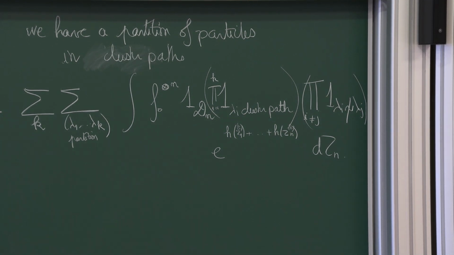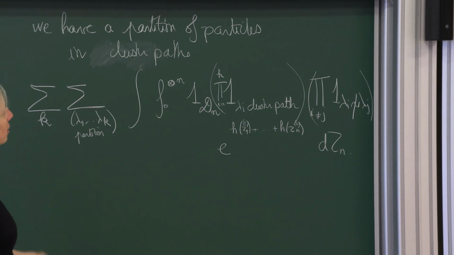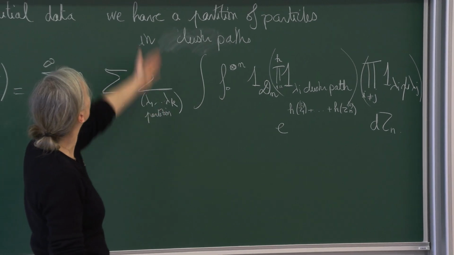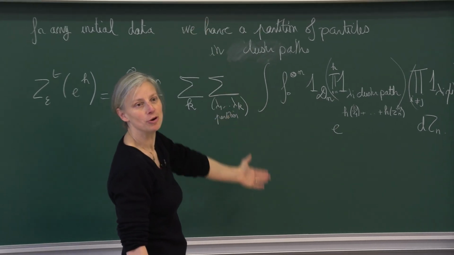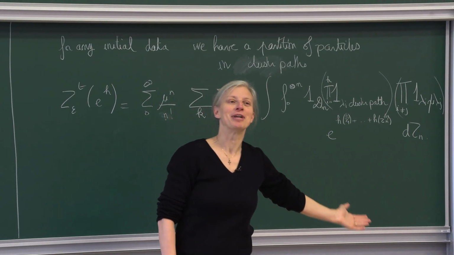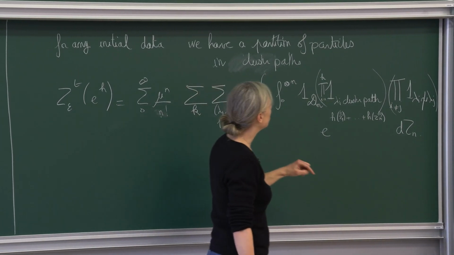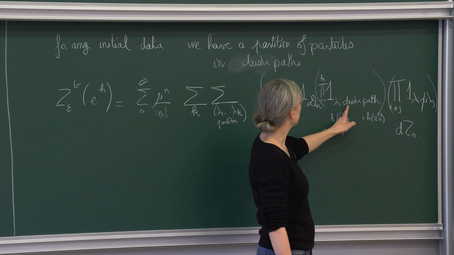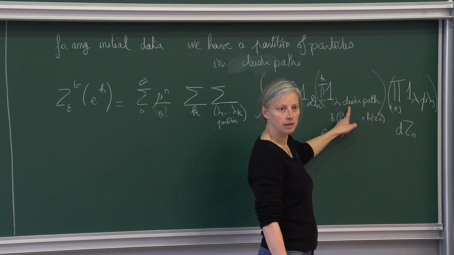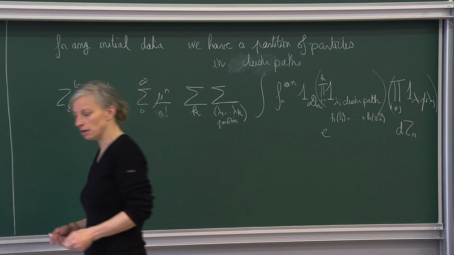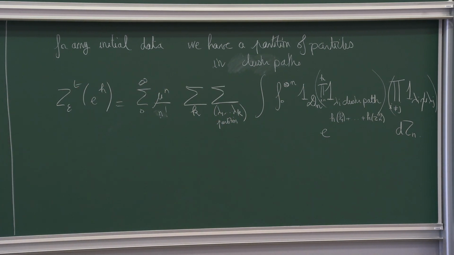So if I write this, you can say, okay, but it seems much more complicated than the previous formula. So why is it interesting to do that? You see that now, by definition, if you have a cluster path like this, if z1 is in the cluster lambda 1, then the particle number 1 will see only the particles which are in the same cluster.